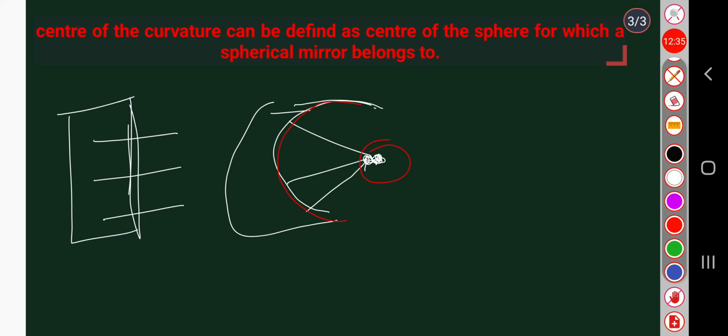For a convex mirror, it is outside. But for a concave mirror, it is inside.